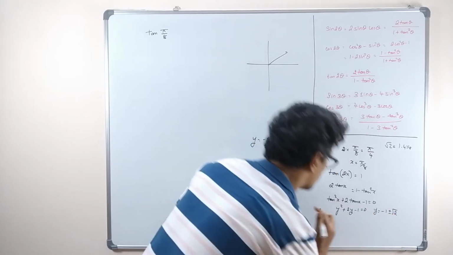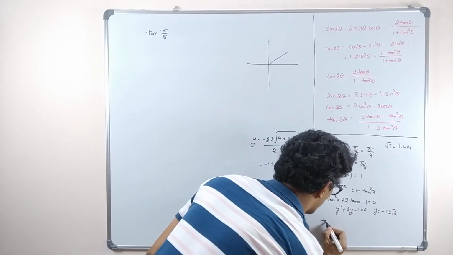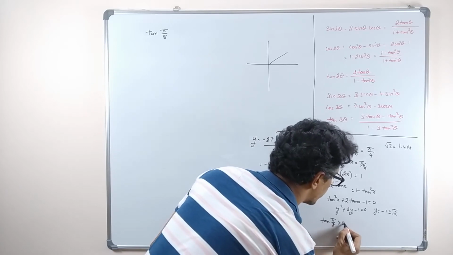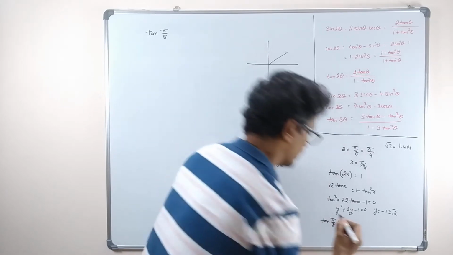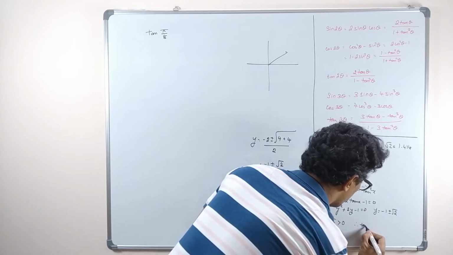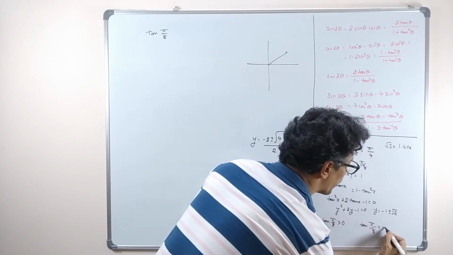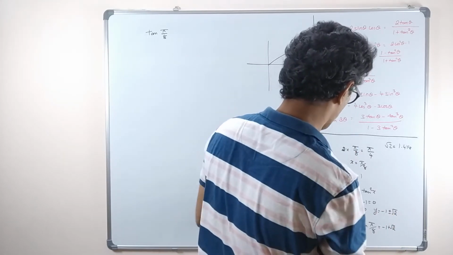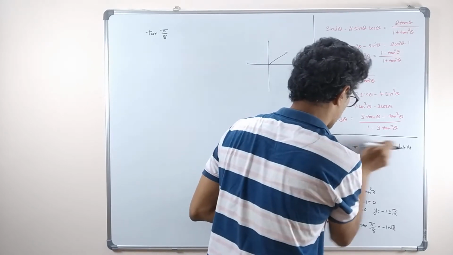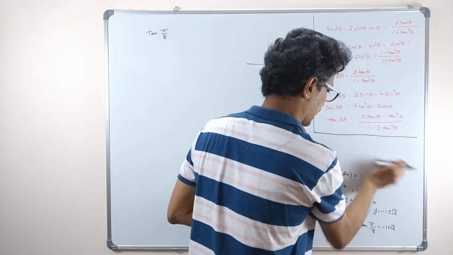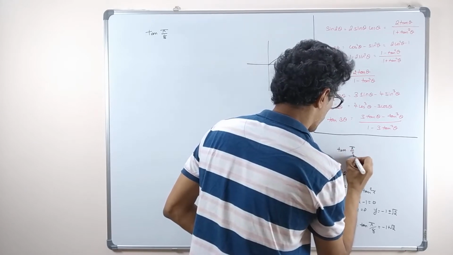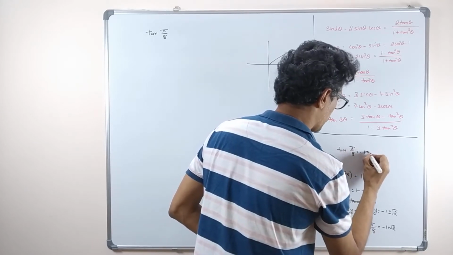Now tan pi by 8 is always greater than 0 because it is in the first quadrant. Therefore, tan pi by 8 will be equal to minus 1 plus root of 2. This we did last time itself.